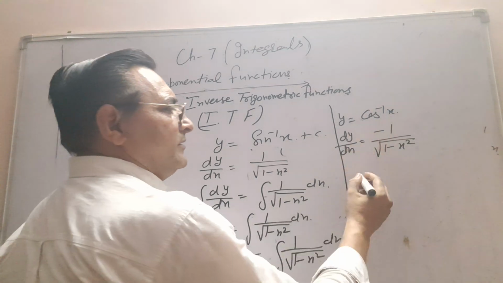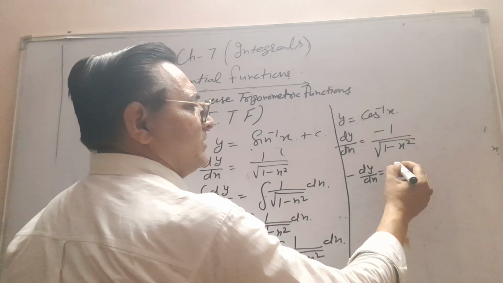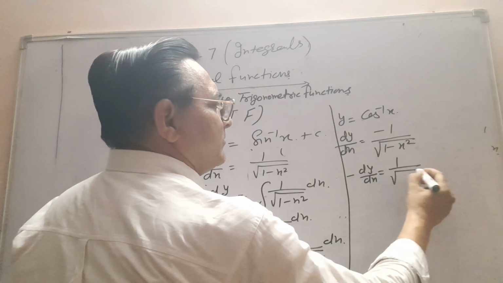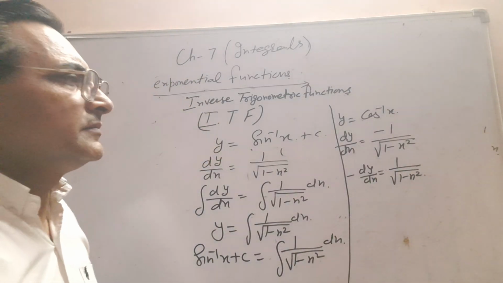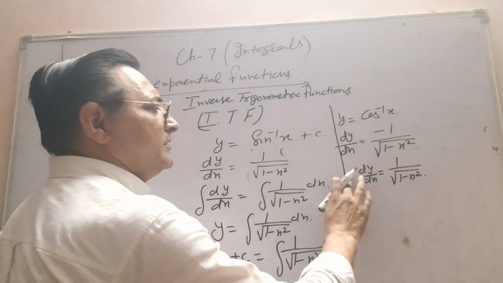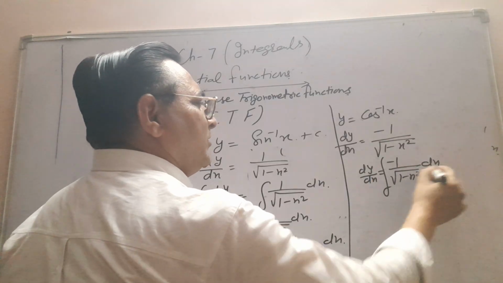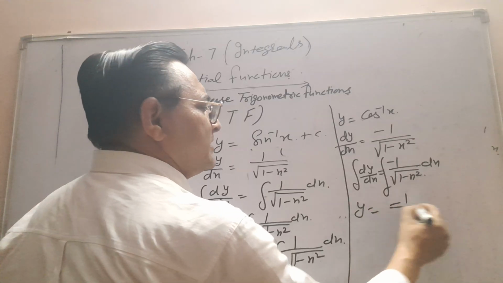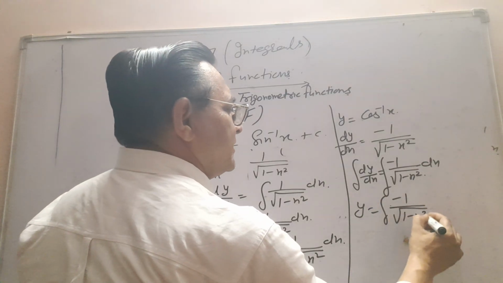I can write it: minus dy by dx is equal to 1 upon root 1 minus x square. If I do not displace here, there is no issue. I am now taking integral both sides. I will get y is equal to the integral of minus 1 upon root 1 minus x square into dx.